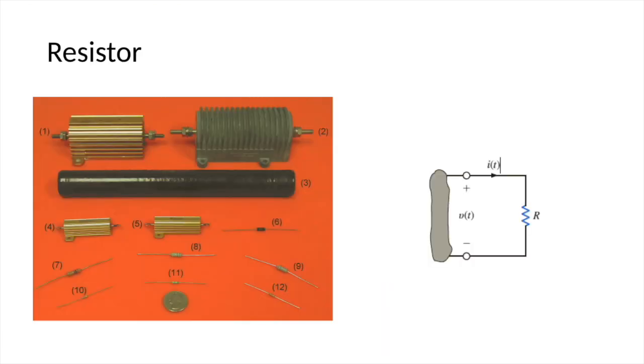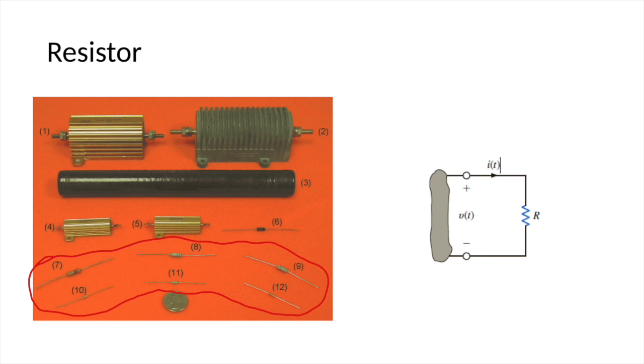There are different types of resistors, and it is common in the electrical engineering lab to use these resistors. We will introduce how to read the resistance from the resistor in our lab course.